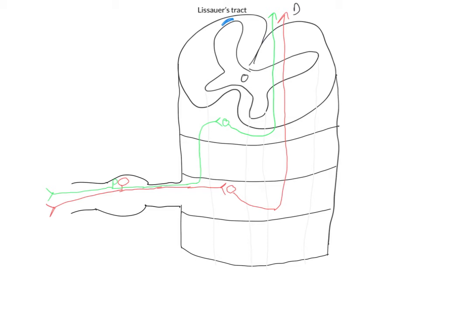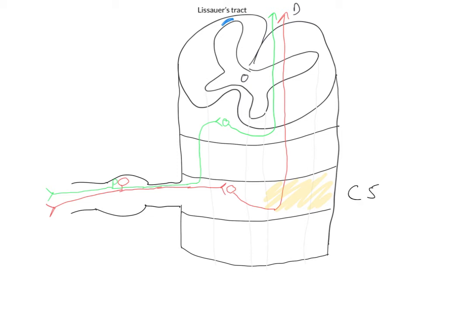Okay? So imagine, for example, that we have a lesion, and we'll depict that using this yellowy colour. Imagine that this half of the spinal cord segment here, and let's say that this is, I don't know, C5.